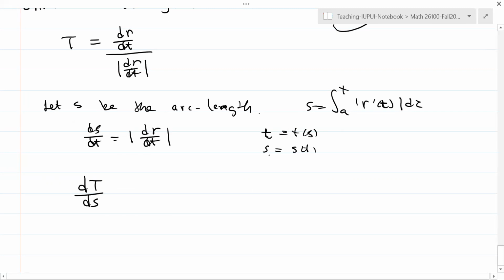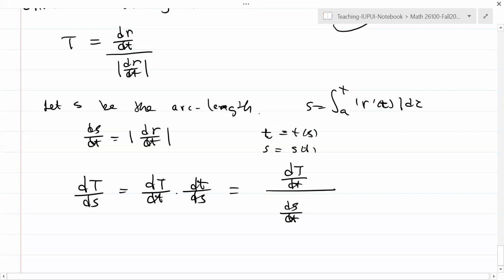So after you replace t by t of s, this can be viewed as a function of s. But by the chain rule, you have this, and you can put it in the denominator. Now you can compute it.